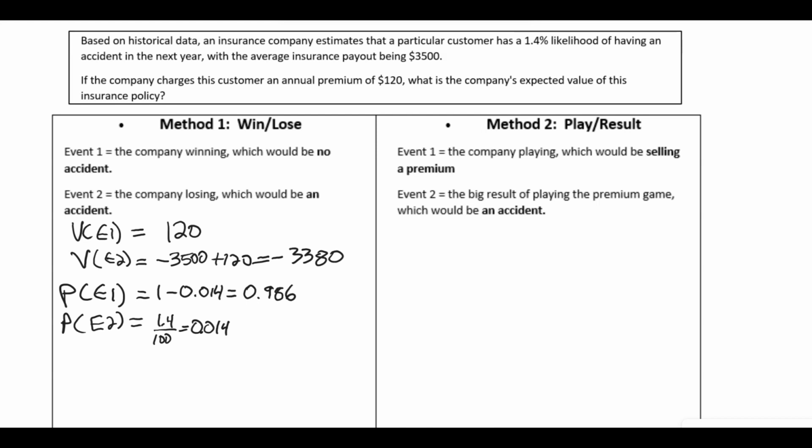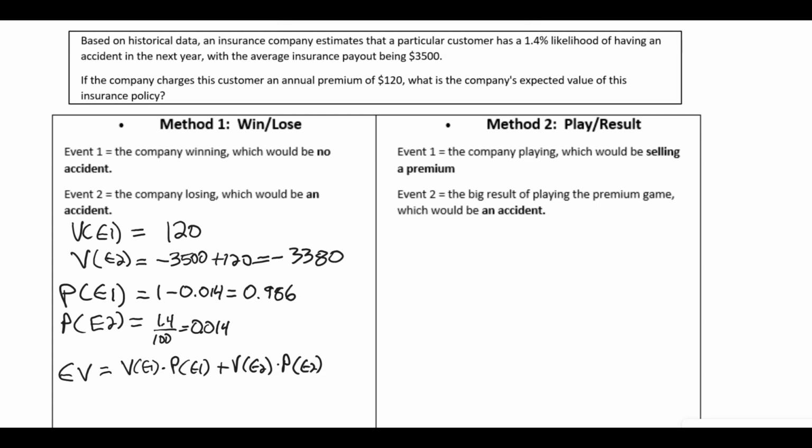Okay, so the expected value is therefore, by the formula, the value of event 1 times the probability of event 1 plus the value of event 2 times the probability of event 2. And if there's 3 and 4 and 5 events, like playing certain games at casinos, then you just continue this same pattern.